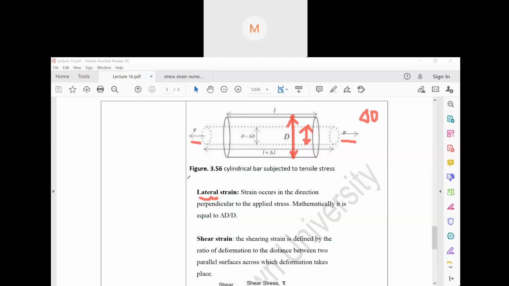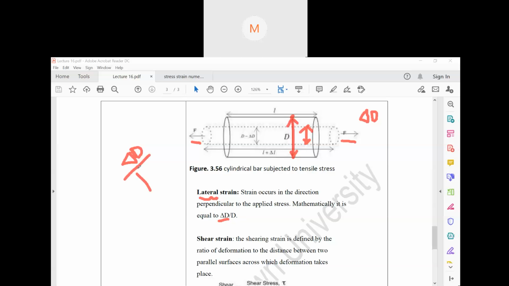Okay? So if you see here, this force is applied here. Because of this force, there is a change in the diameter. Del D is the change in length, and D is the original length.